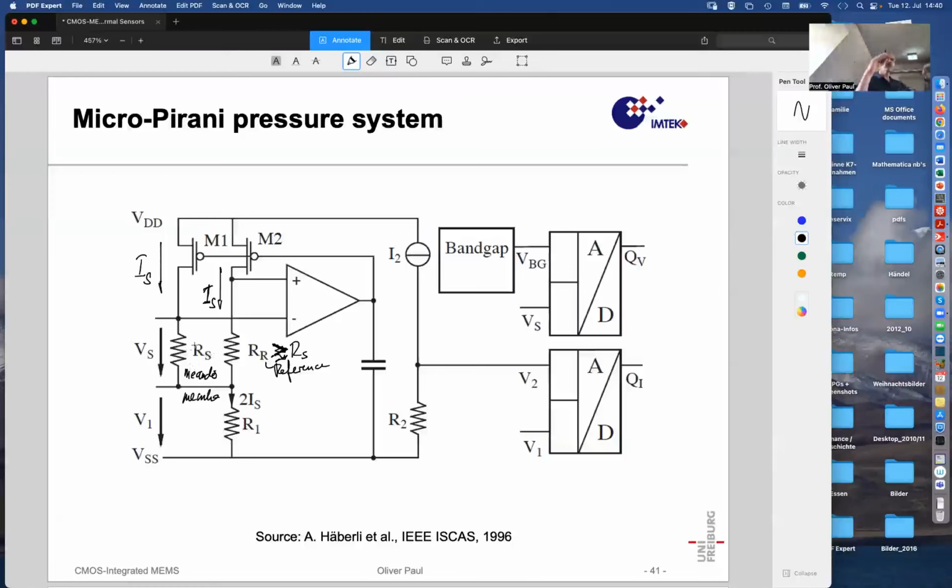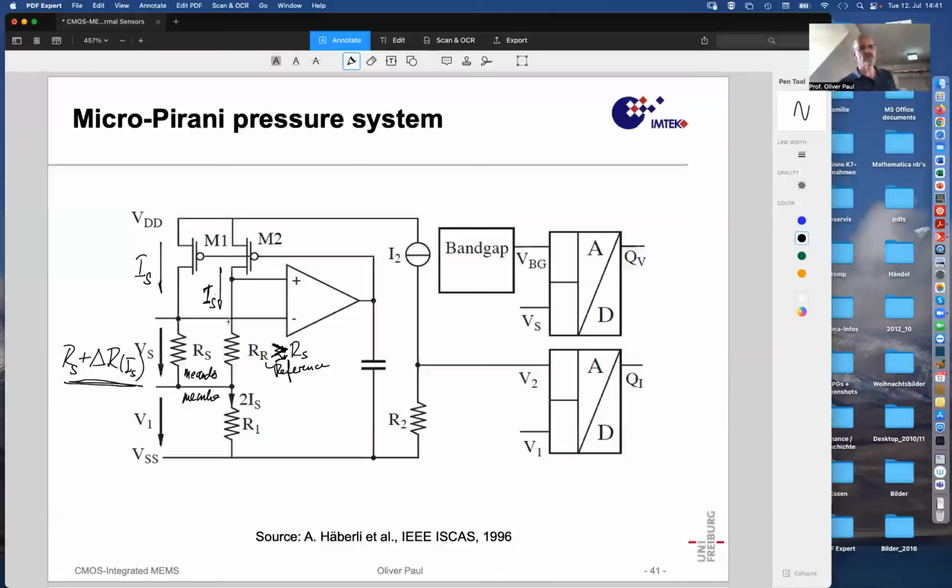So by sending a current of just the right level, RS heats up from RS plus delta R, due to the current IS, it heats up, and at some point the voltage drop over this complete heated resistor is equal to the voltage drop over the reference resistor.